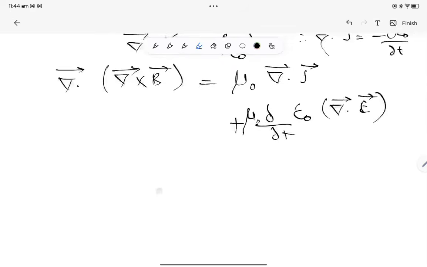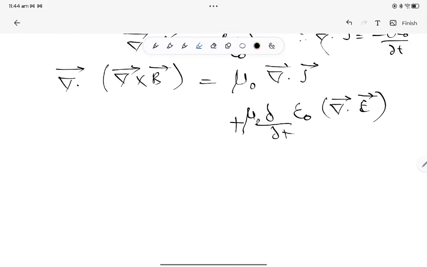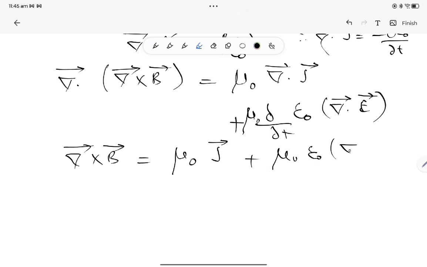Now cancelling out this divergence, we are left with del cross B is equal to mu naught J plus mu naught epsilon naught d by dt of E, the electric field.